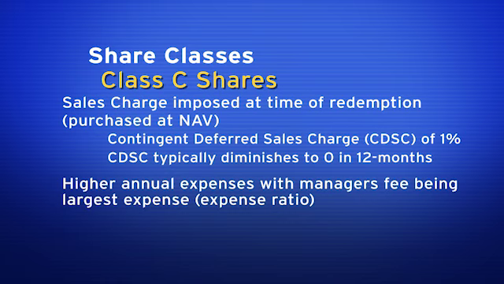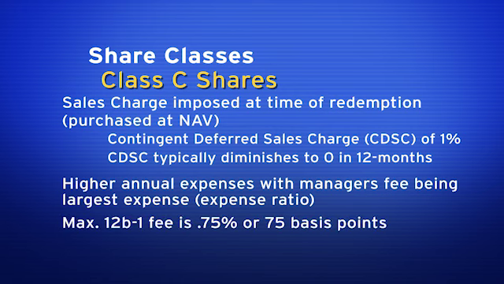So we would not want to put a client in C shares over the long term. Short term, a year, 2, 3 years. Max 12b-1 fee, 0.75% of assets or 75 basis points. And Class C shares can assess a service fee of 0.25%.